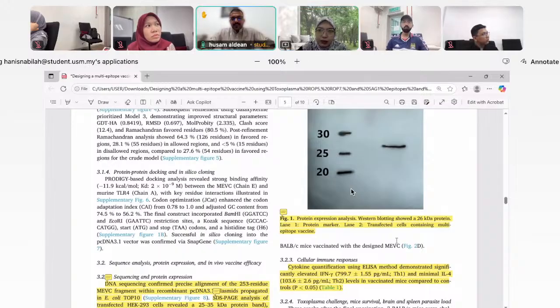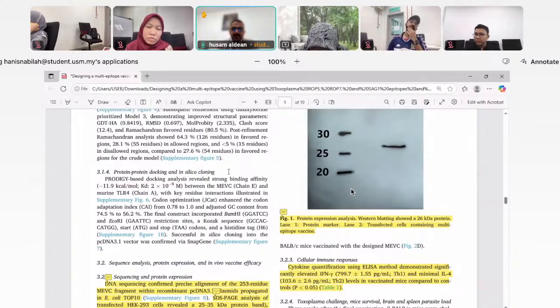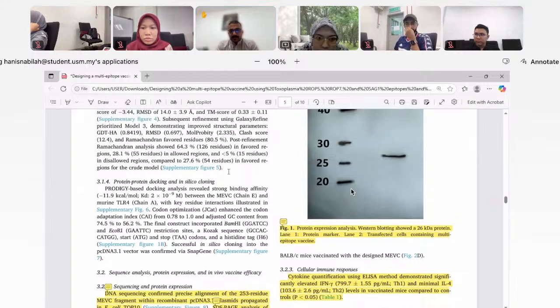Hanis, can I ask a question, please? Yes. I want to know what the sample is. You say the sample from brain and spleen. What's the type of this sample? Is it the fluid from the brain or spleen, or what exactly?